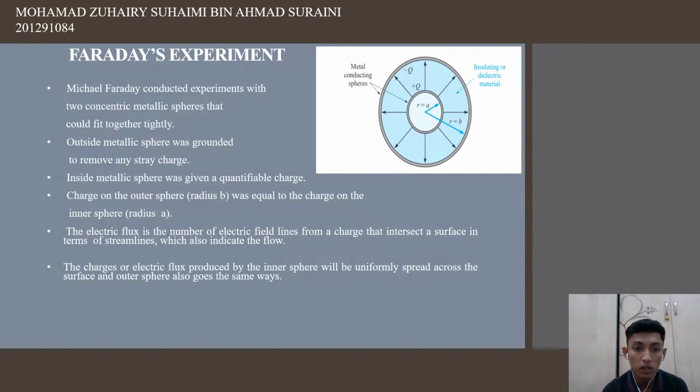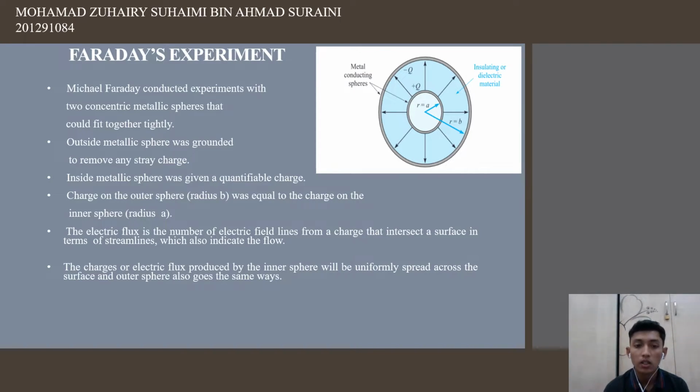Next we will go to Faraday's experiment. This experiment was conducted by Michael Faraday. It used concentric metallic spheres that could fit together tightly. Here we have an outer sphere and an inner sphere.